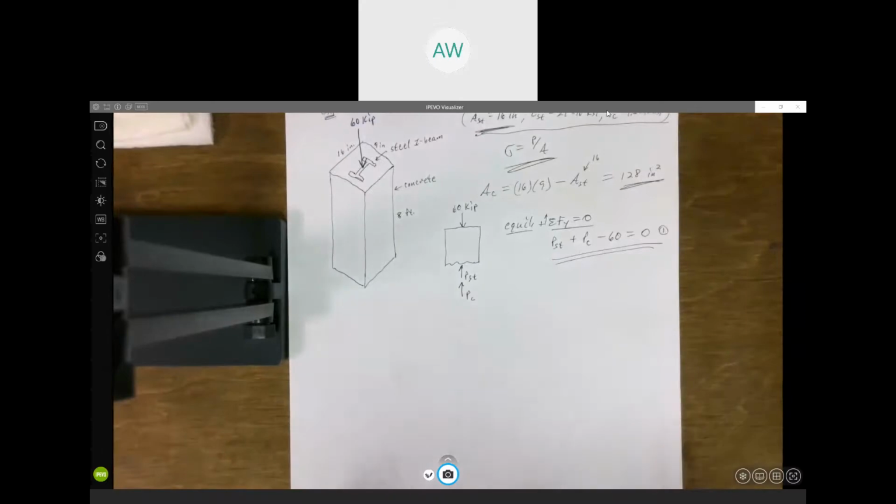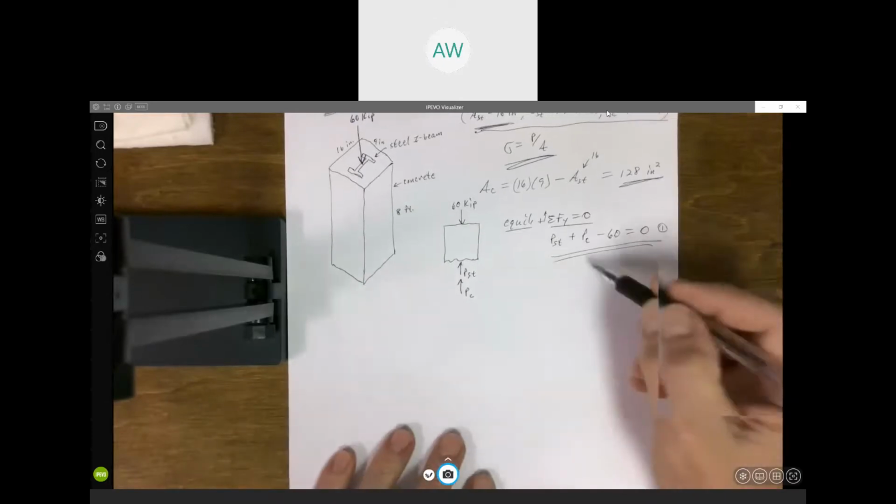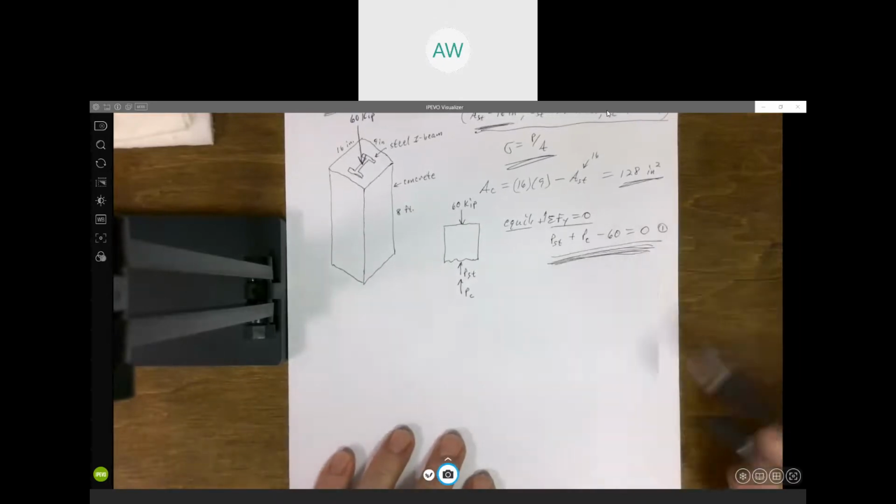The force in the steel and the concrete add up to 60, but we can't just look at that and tell that, hey, they're both going to be 30, right? Because they're different sizes, they're different material. Everybody with me? Clear here where I got this equation and why each one's not 30.